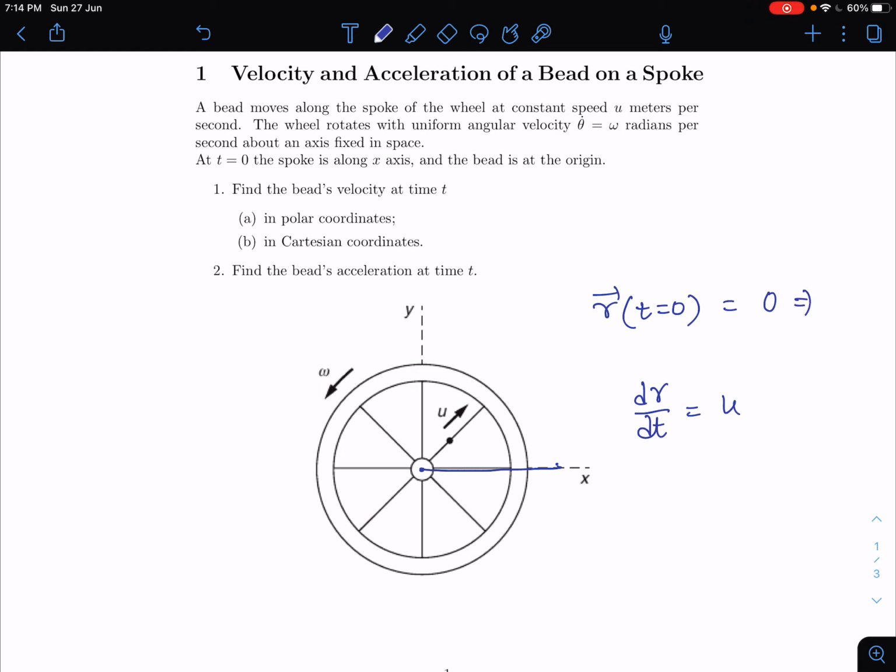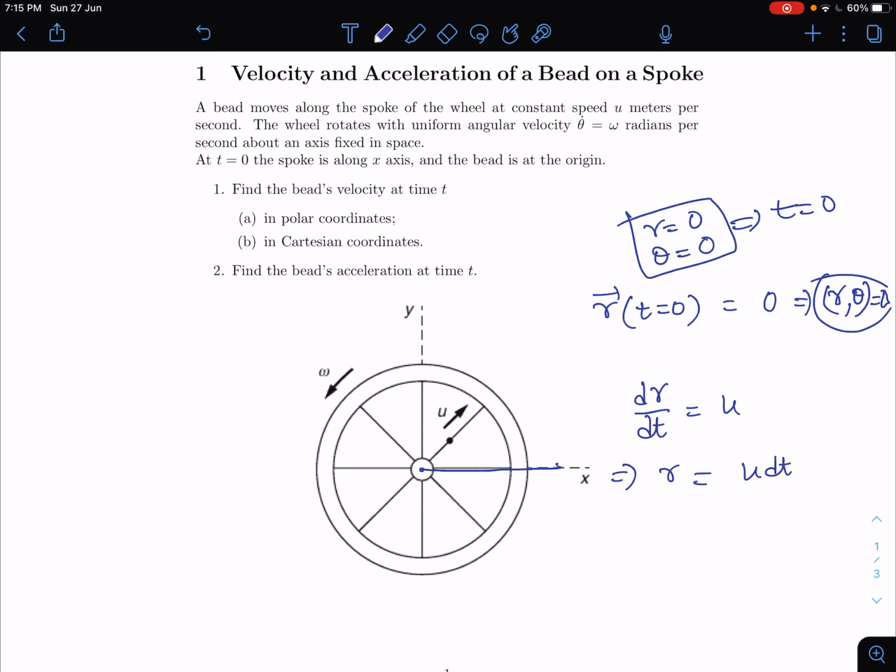Where r is 0, that means r and theta are both 0, right? Since the bead is here, its radial part is 0, and the theta part is also 0 at t equals to 0. So now dr by dt is u, so dr is u dt.